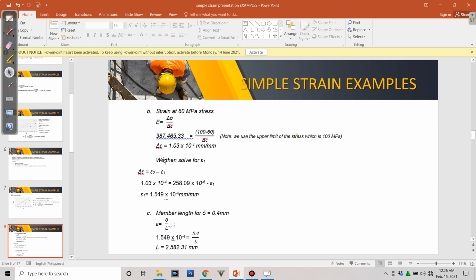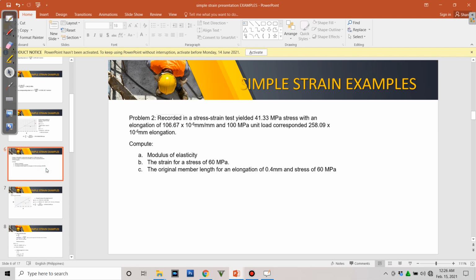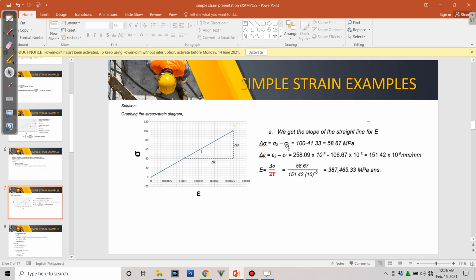For letter B, what would be the strain at 60 megapascal stress? We will employ the same formula we did in the first unknown. We simply get the difference between the 2 points.